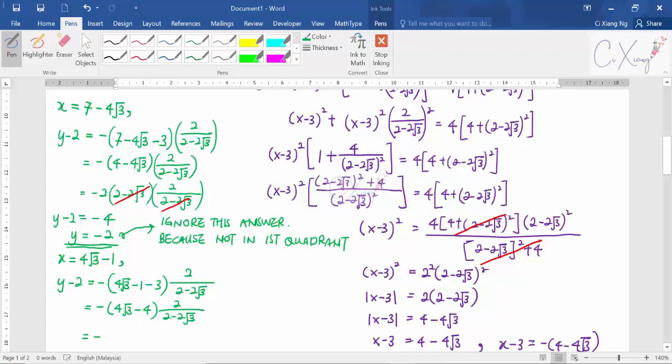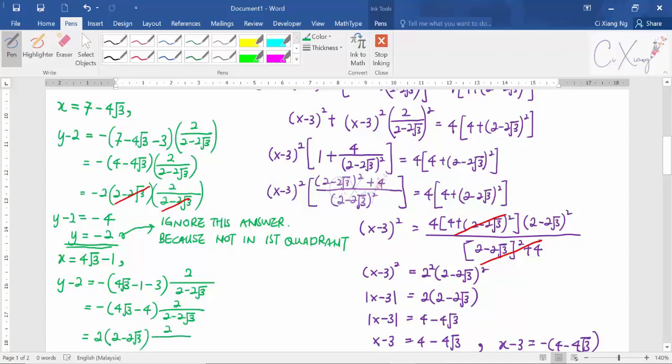Okay, then you can take out the 2, then 2. Okay, so maybe for me, I want to factorize out negative 2. When I factorize out negative 2 from here, then I'm having positive 2. Again, I factorize out negative 2 from this bracket. So if I factorize out negative 2, this one will become 2 already. Then 2 minus 2 square root 3.